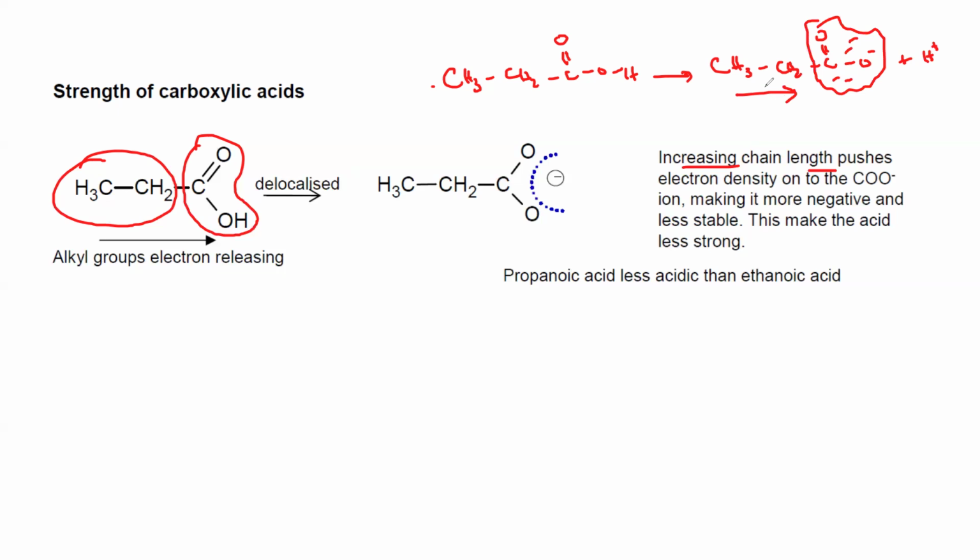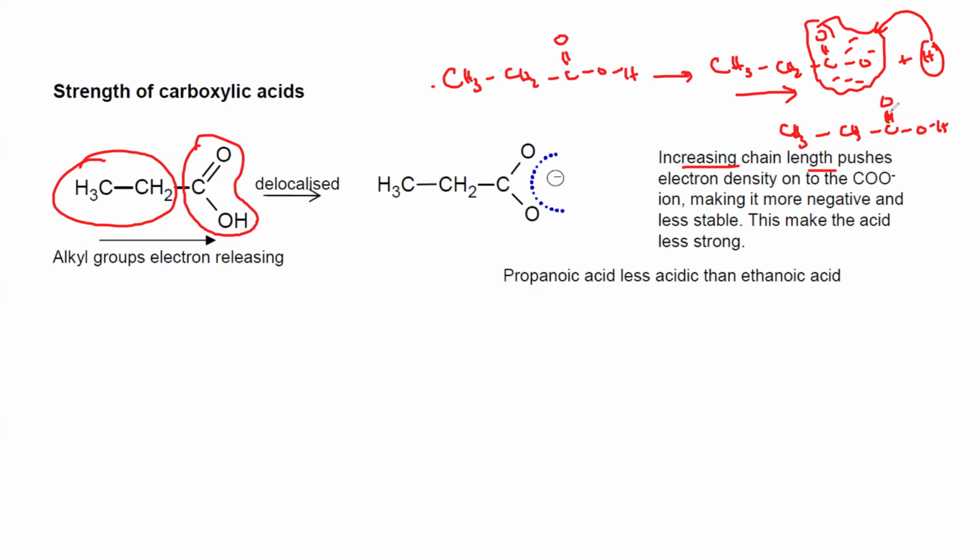So it's like they're pushing the electron away from them. As a result, electrons are shifted more toward this C double bonded with O. So when this is more negative, this hydrogen can come back to this group, and as a result, it will form CH3, CH2, C double bonded with O and OH again.